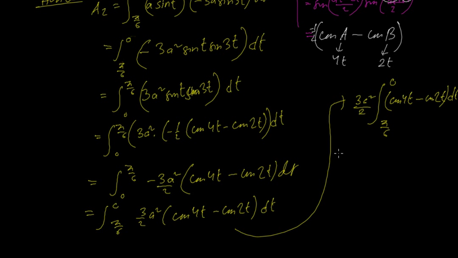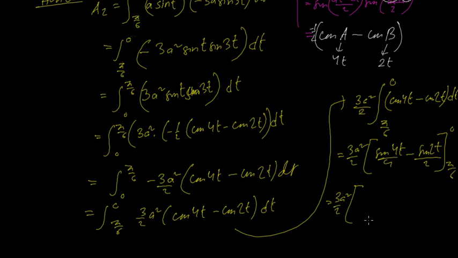So by integration this would be 3a square by 2, cos would be sine 4t by 4 minus sine 2t by 2, evaluated from pi by 6 to 0. If we put the limit 0, sine 0 is 0, 0 by 4 is 0, minus sine 0 is 0, 0 by 2 is 0. So we can do this. Remember, this 3a square by 2 is multiplied by the whole thing.